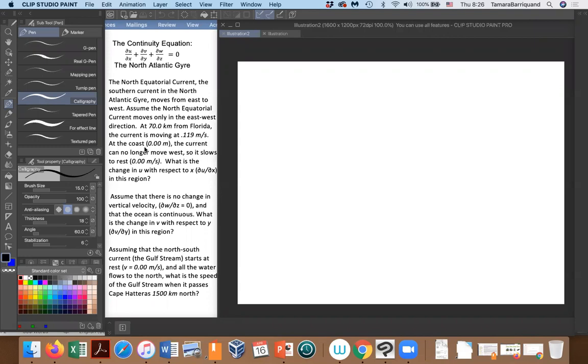When it hits the coast, the current can no longer move west, so it slows to rest, all the way down to 0 meters per second. What is the change in u with respect to x, du/dx, in this region?